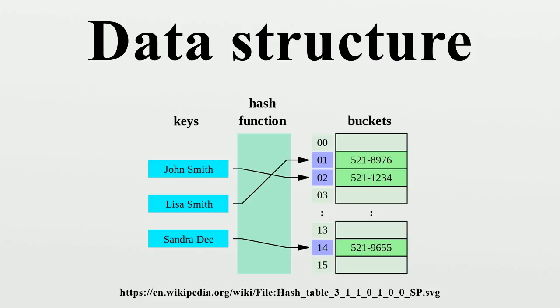A set is an abstract data structure that can store specific values, in no particular order and with no duplicate values. A graph and a tree are linked abstract data structures composed of nodes. Each node contains a value and one or more pointers to other nodes arranged in a hierarchy.